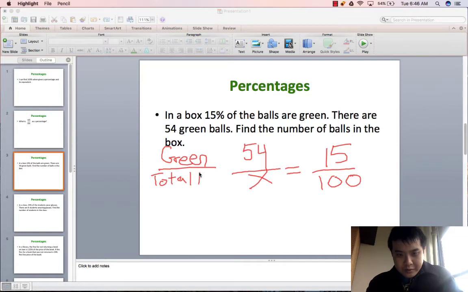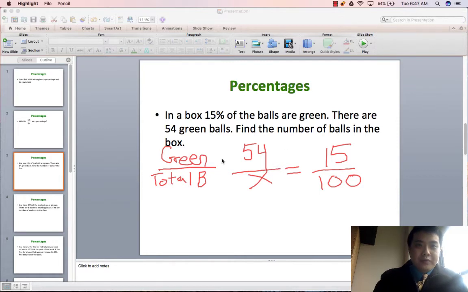I'm just going to write B. Green balls at the top, total balls on the bottom. It's 54 over x equals 15 over 100, because we know what the 15% is.